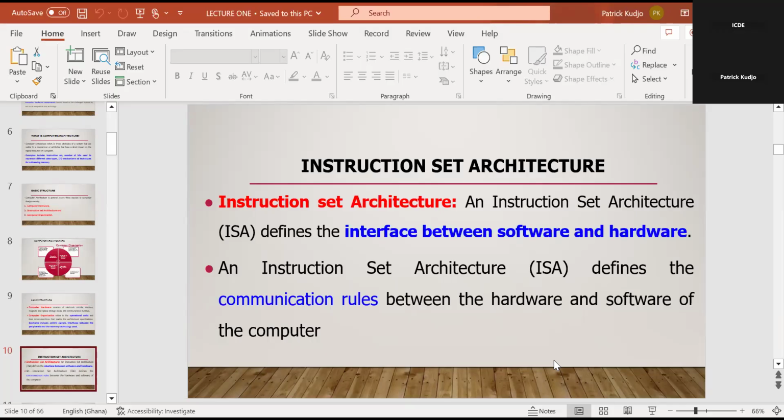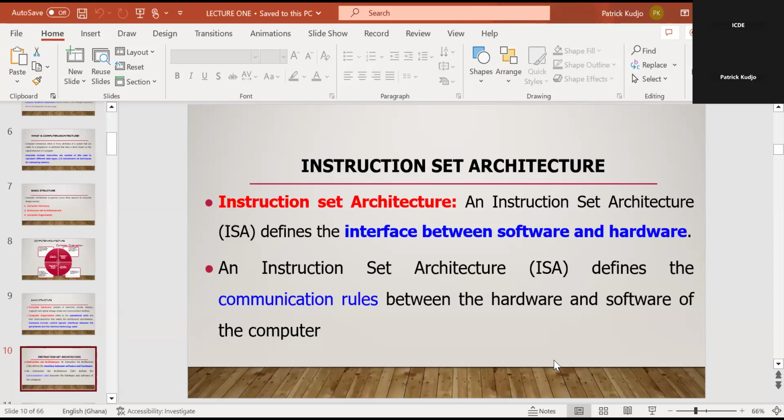Basic categories or basic types: we have the system software and the application software. Which one comes first? Let's talk about the system software. In the system software, we have the operating system, we have the utility programs. Some will add device drivers, and other books will put device drivers under utility, and then programming language.